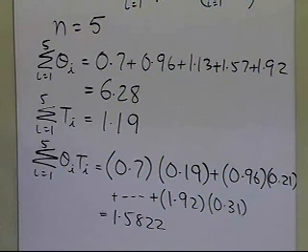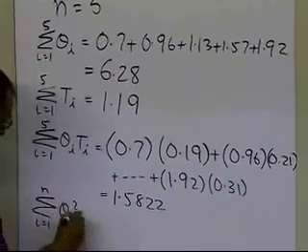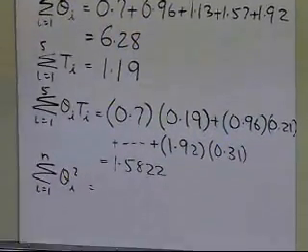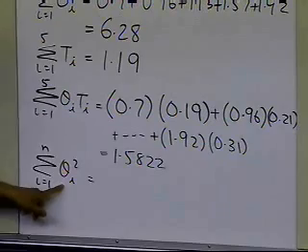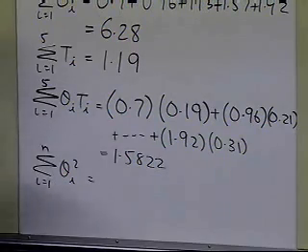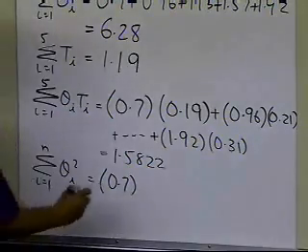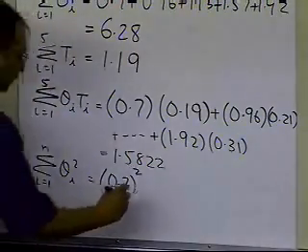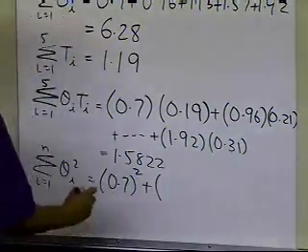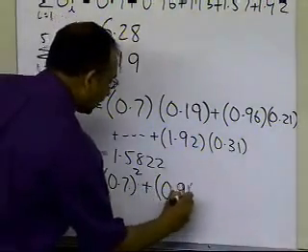So we still need to do one more summation, and that summation is the summation of i equal to 1 to n of theta i squared. As I said, this is squaring each theta quantity and then adding them up. So the first theta value which was given to me was 0.7, I square it. Then I take the next theta value, 0.96, and square it.